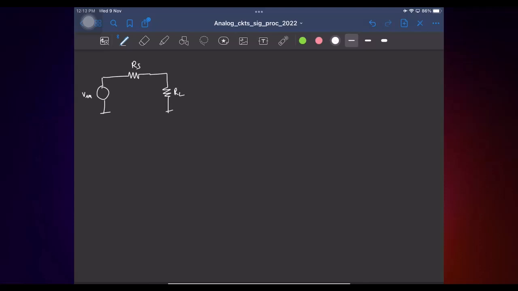What is the power dissipated across RL? What is the current flowing through RL? V by RS plus RL. So power is I square times R, right? You can write it as Vn square by 4 RS times 1 minus gamma L square, where gamma L you can define to be this.